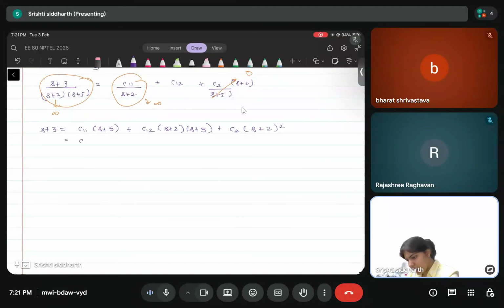This is C11 times S plus 5, plus C12 times S squared plus 7S plus 10, plus C2 times S squared plus 4S plus 4.